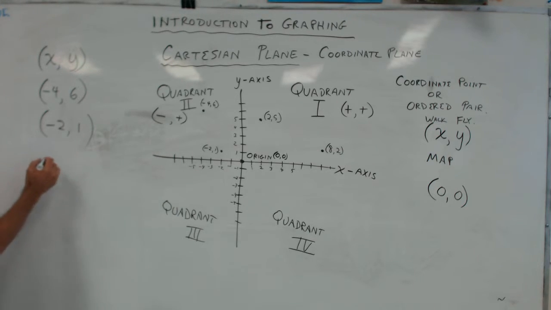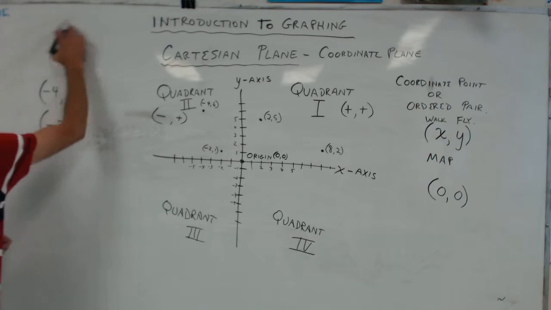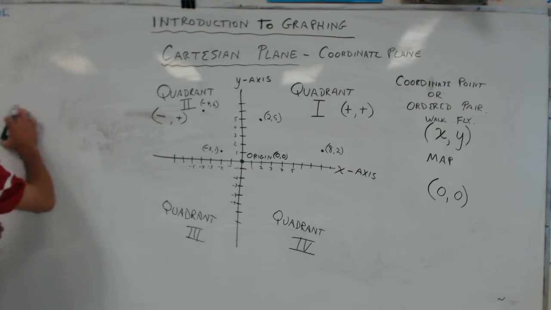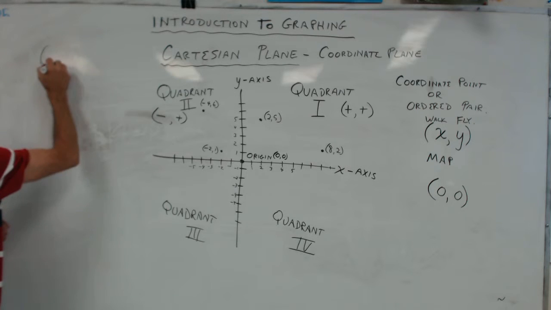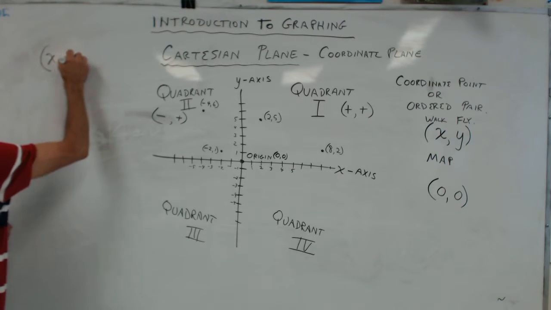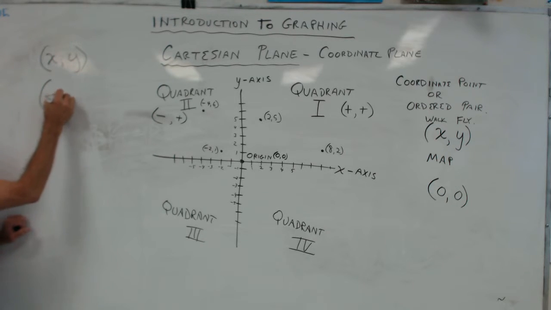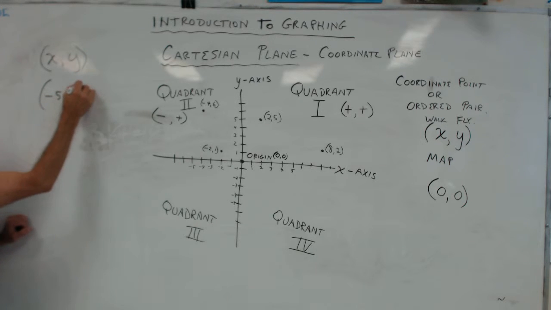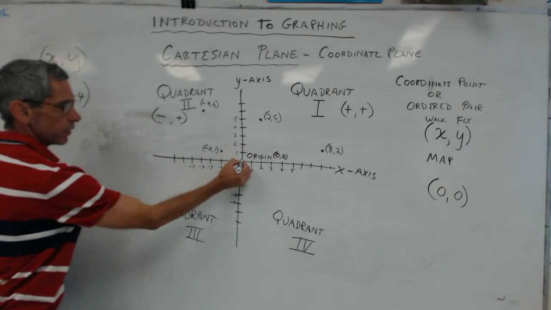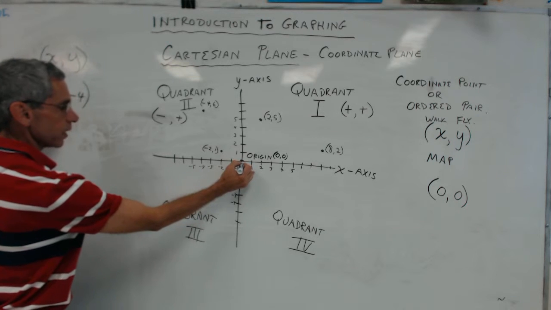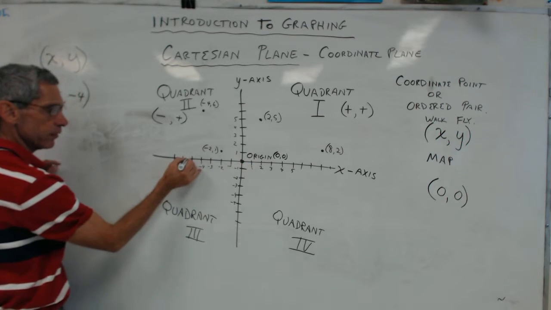And then quadrant 3. Let's try quadrant 3. X, comma, y. How about I do -5, comma, -4. So I started at 0, 0. My first thing says I walk to -5. -5 is over here.